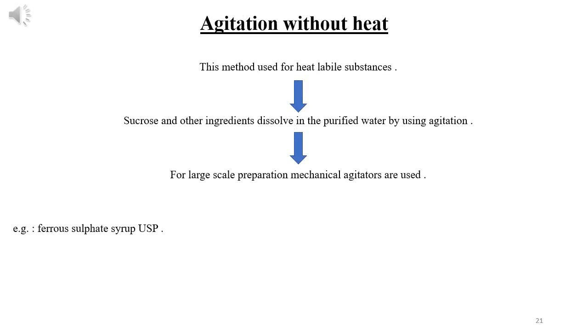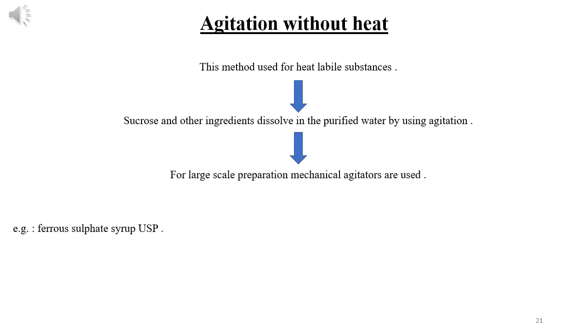The fourth process of preparation of sugar syrup is agitation without heat. Here we give only agitation, meaning only mixing, and we do not provide heat. That's why it's called agitation without heat. This method is for heat labile substances, meaning any substance which is heat sensitive.